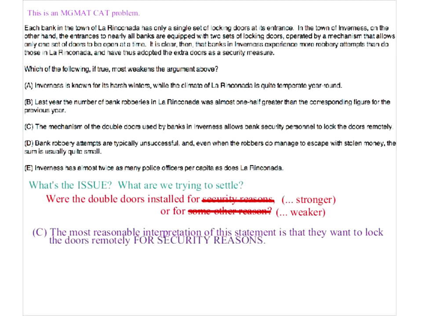They forgot to lock the doors is not a great interpretation, because that wouldn't justify installing a new system of doors. You could go back and lock them. But security people wanting to lock doors without being in front of the doors is almost certainly so they can prevent crimes in progress. So you have to interpret this the right way. That is not the way you want to go, because that strengthens the argument.